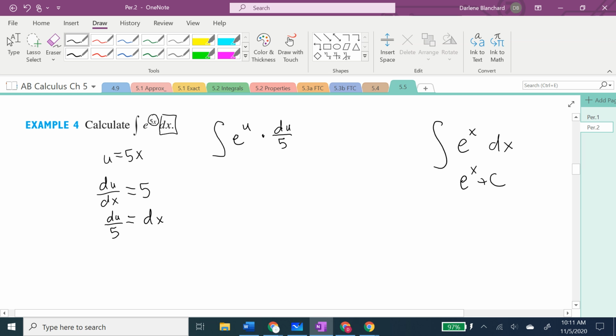And that 5 is just a constant multiple of 1/5. And now I have the matchup of e to just the variable that is the same variable of the differential. And now I can do the integration using the formula. So 1/5 e to the u plus c, but I've got to go back to x. So we have 1/5 e to the 5x plus c.